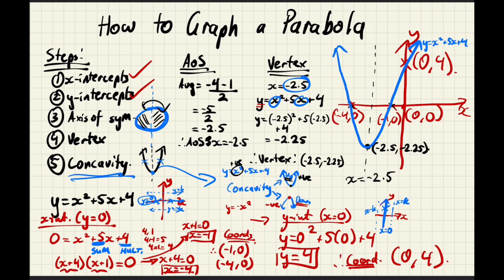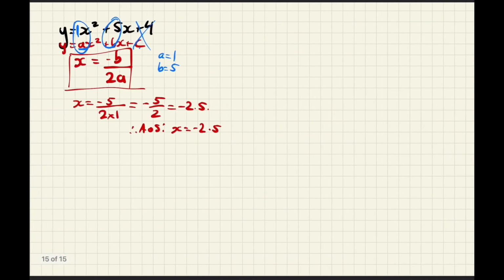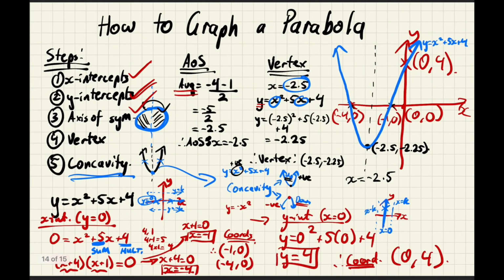Okay, so to recap, to graph a parabola, what we do is we start by finding our x and y intercepts. As soon as we've done that, we find our axis of symmetry either by taking the average of the coordinates or by using our axis of symmetry equation. Then we find the vertex, which lies on our axis of symmetry.